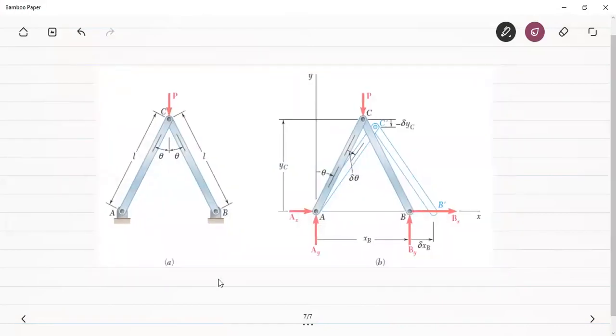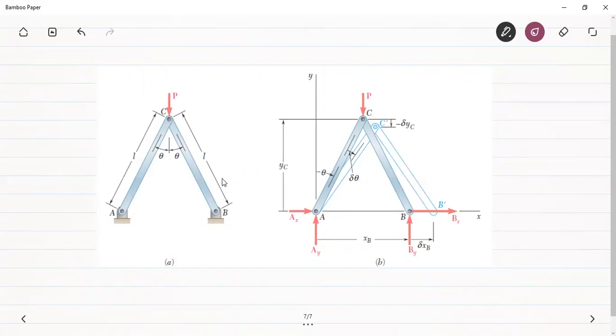See, in this example, we had done one example when one point was hinged and another was a roller. There was a possibility of giving the virtual displacement in the x direction, but here both the points are hinged. There isn't any possibility of giving the virtual displacement in the horizontal direction, and there is a load acting here.